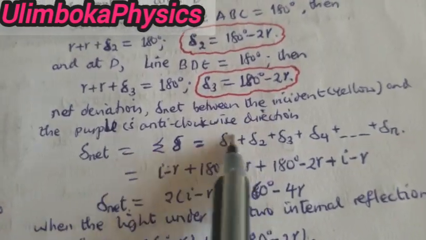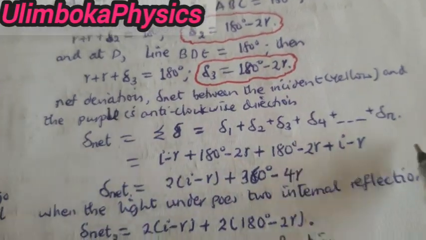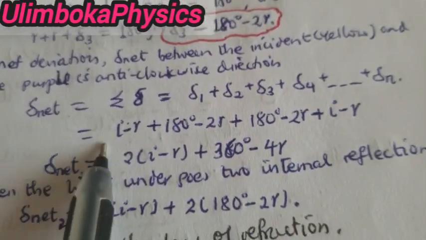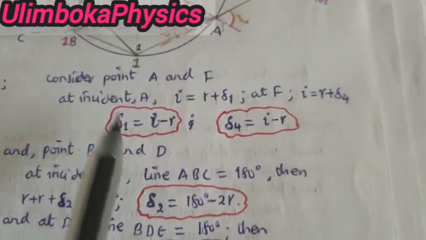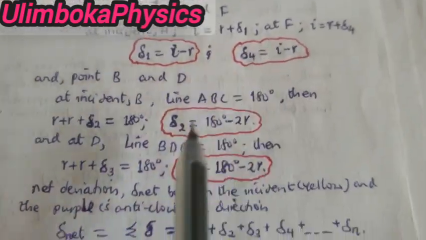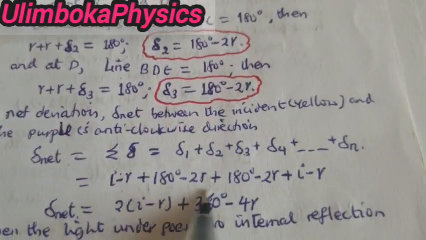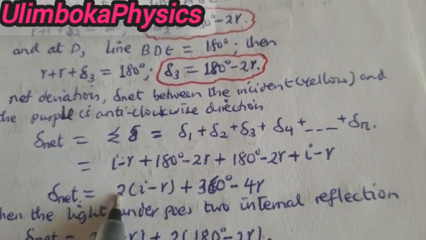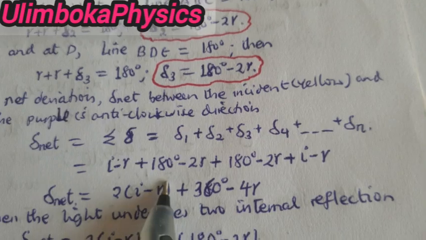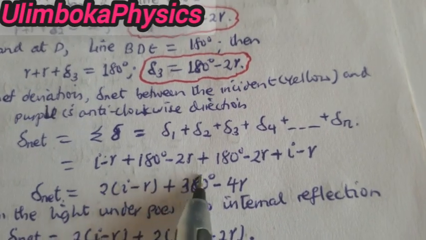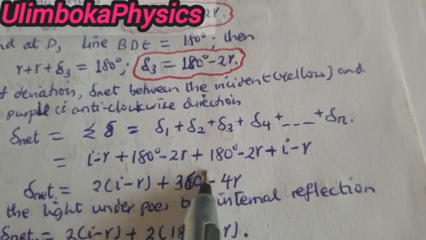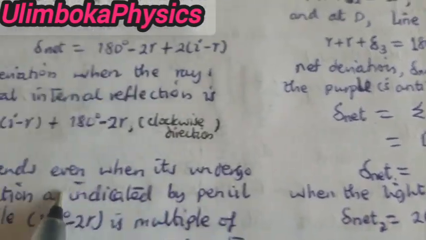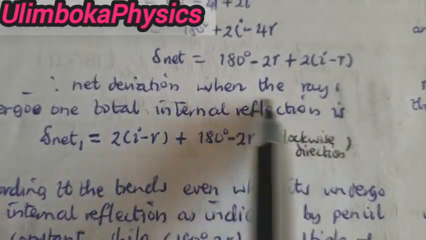Now the net is equal to the sum of all net deviations up to the nth deviation. We substitute D1, D4, and then D2, D3, as you can see here. Then we remain with a general formula, which has twice bracket I minus R plus 360 degrees minus 4R. Then we want the formula to be as this for single deviations.